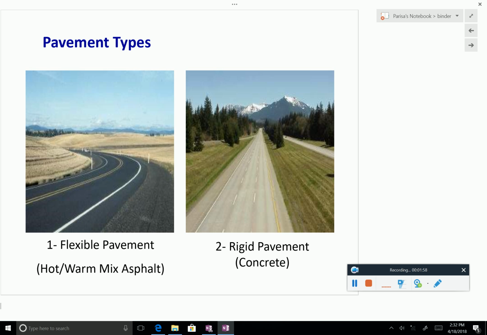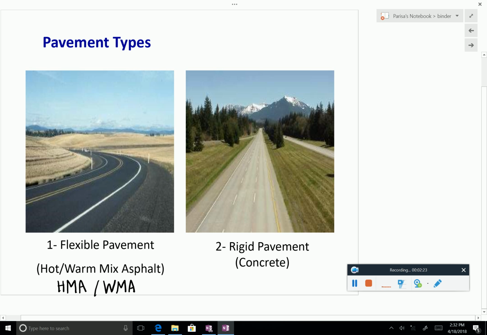It can be hot or warm mixed asphalt, so normally you hear HMA or WMA, the abbreviations for hot mixed asphalt or warm mixed asphalt. And then we also can have rigid pavement, which is another name for concrete pavement.